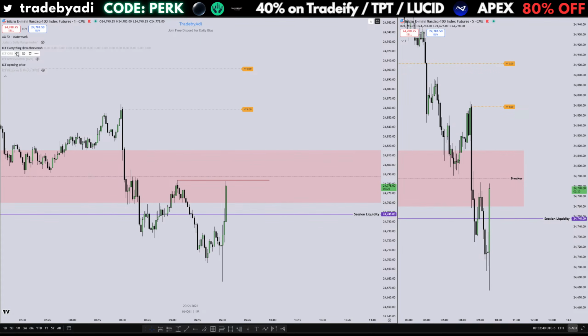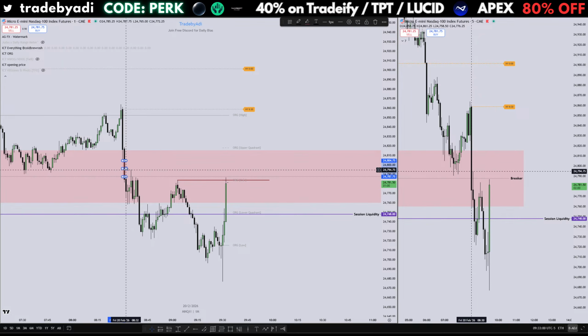And let me use this opening range gap. Whenever you have an opening range gap and you have these fair value gaps, those are the important ones, and most of the time they are going to reprice again.